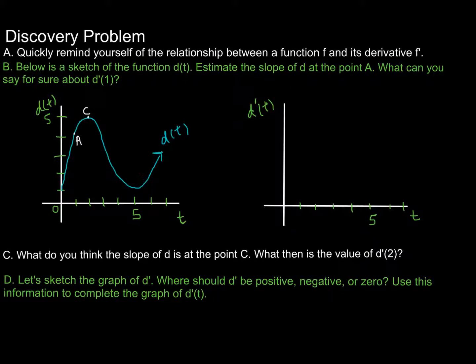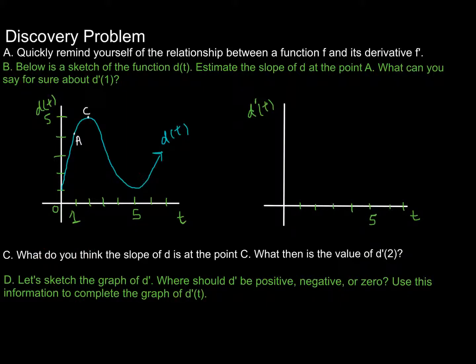So when we look at the slope, we say, well, the slope is certainly going to be positive here. That means that d prime of this value, and let's just call this value 1, d prime of 1 is certainly going to be positive. So if I'm looking at my graph of d prime, I better have a positive value for d prime at 1.